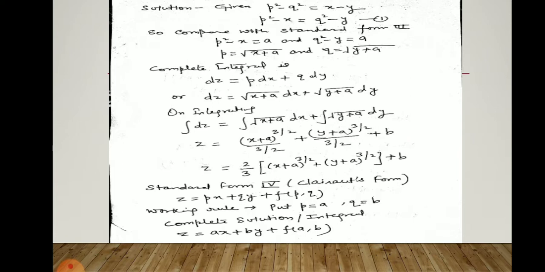Now look at standard form 4, which is also known as Clairaut form, and the standard form is z is equal to px plus qy plus f of (p, q). If you put p is equal to a and q is equal to b in equation number 1, you get the complete solution z is equal to ax plus by plus f of (a, b).